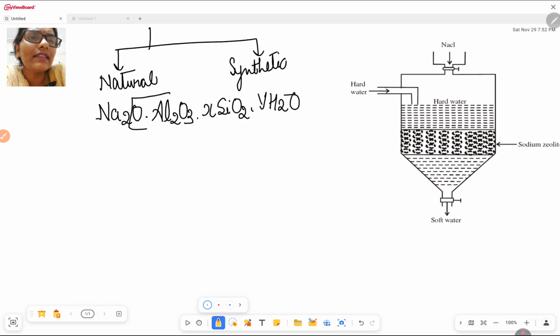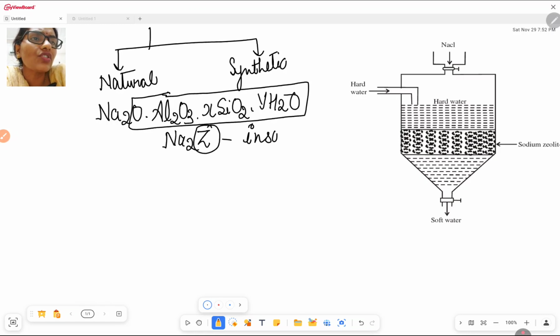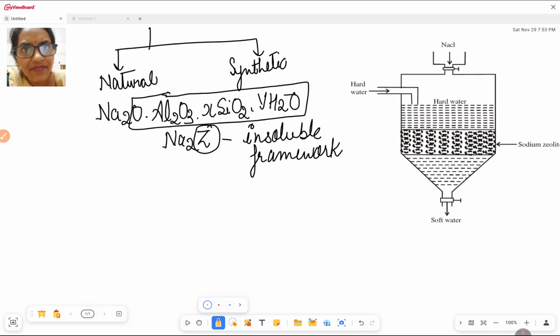So the whole formula is hydrated sodium aluminum silicate, in which we are supposing all these structures are represented as Z. So what is Z? Z is an insoluble framework. Hardness is due to the presence of carbonates, bicarbonates, chloride, sulfate, nitrates of calcium and magnesium.